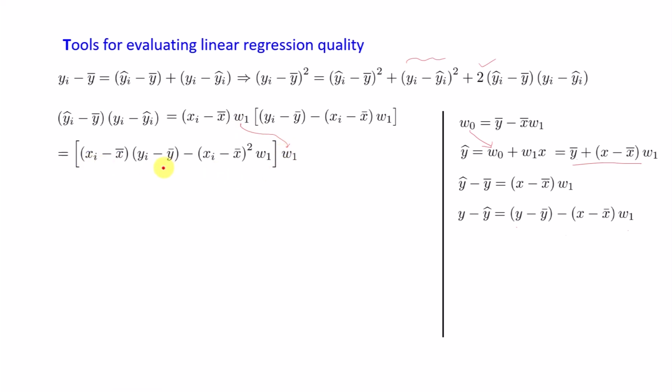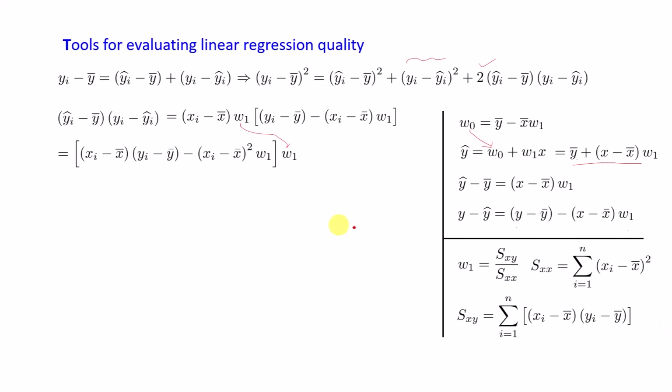Now this term must be looking familiar, because we know that the summation of this term over 1 to n is sxy, and the summation of this term, xi minus x bar whole square, is sxx. Now we take summation on both sides.